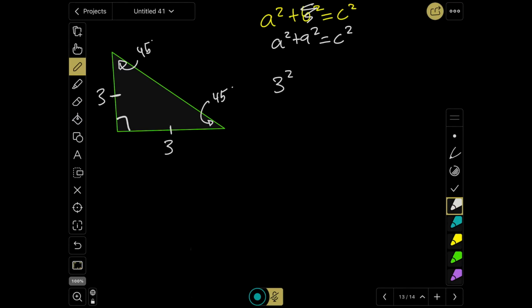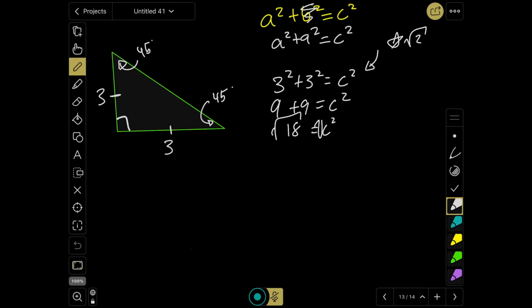So 3 squared plus 3 squared is equal to c squared. And remember that c is going to be some number times the square root of 2. That's what we want to get. So 9 plus 9 is equal to c squared. This is 18 is equal to c squared. And then we can square root both sides.